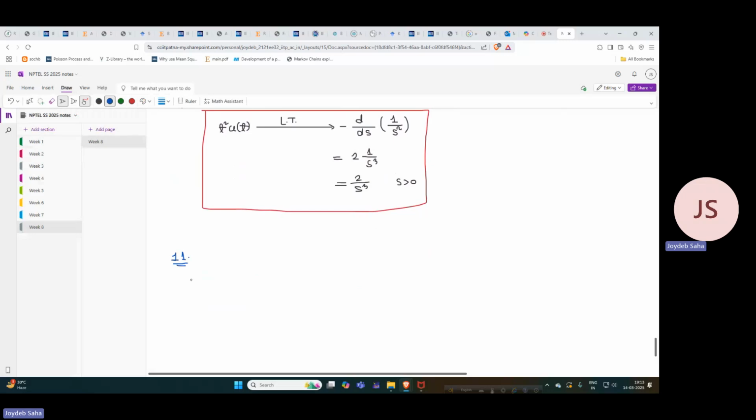Integration in time domain property. Find the Laplace transform of the integral from minus infinity to t of u of tau d tau.